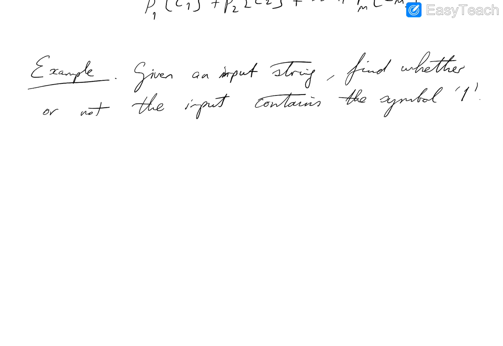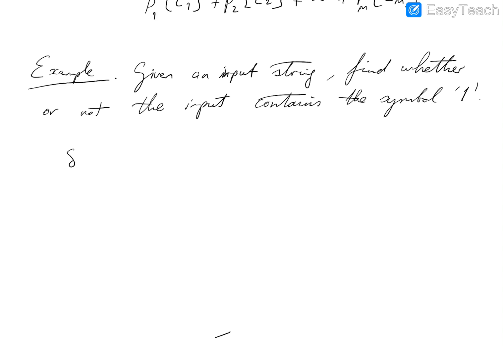That is to say, despite that our input string contains a 1, the machine might still give a false negative result and say that it does not contain a 1. This is due to the fact that the machine is probabilistic. All right, but let's not consider this in this example.